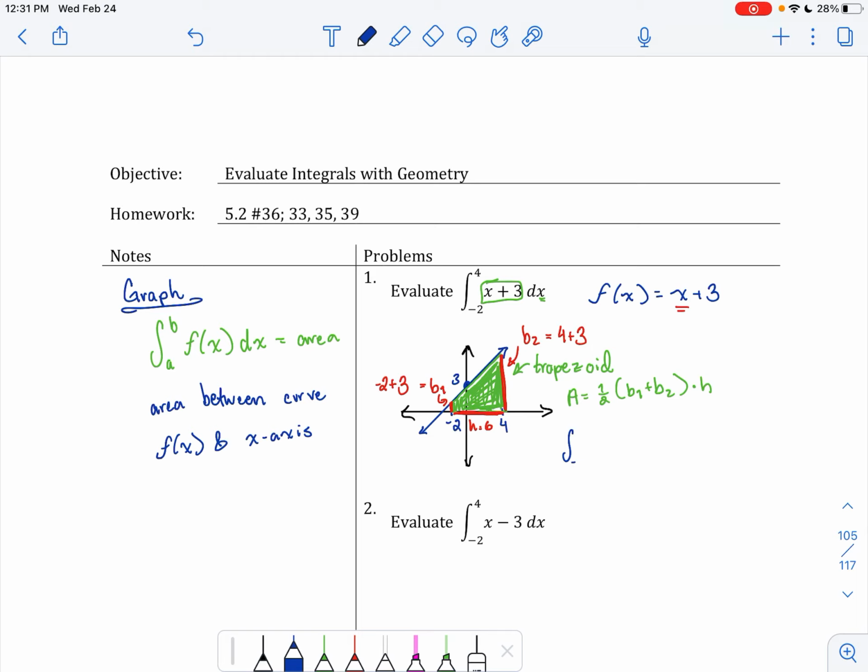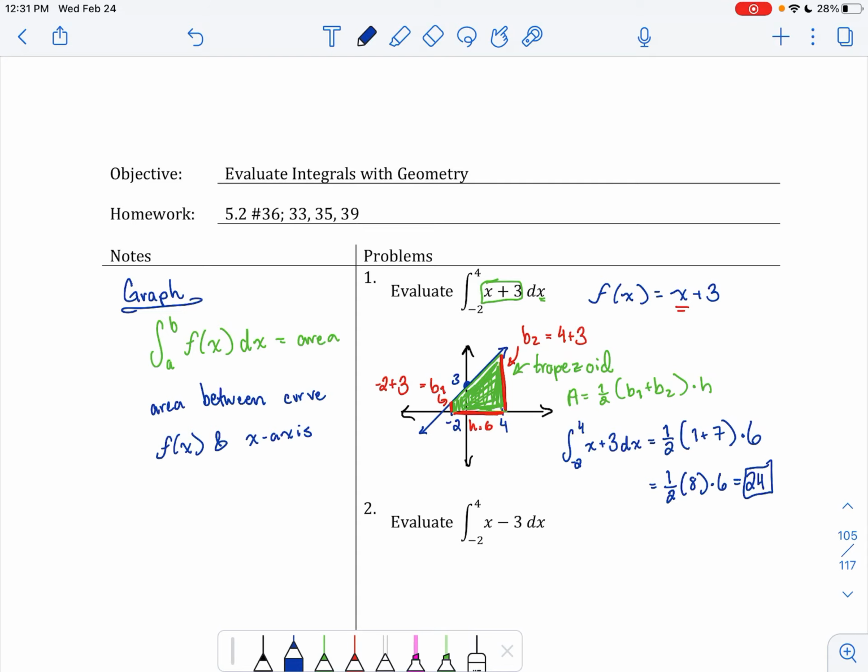So the integral from -2 to 4 of x plus 3 dx is equal to 1/2 times base 1, which is 1, plus base 2, 7, times 6. So we can evaluate the integral absolutely. 1/2 times 8 times 6 is equal to 24. So instead of an estimate, we can find the exact answer.